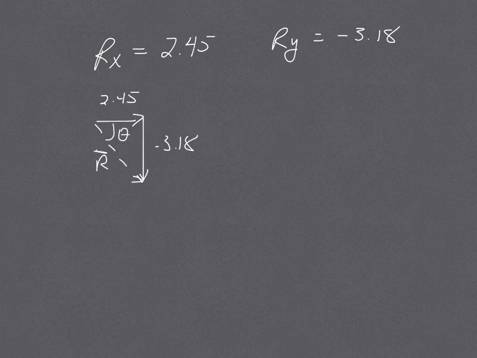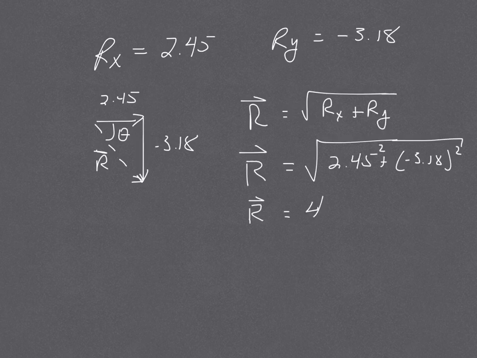To figure out the resultant, we're just going to have to Pythag the x and y components. When we do that, we get 4.01, which is just 4. All right, so now we have the resultant magnitude. So the length of this vector right here is 4 units.